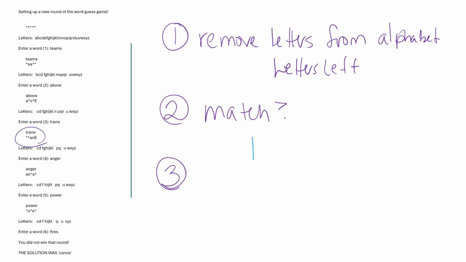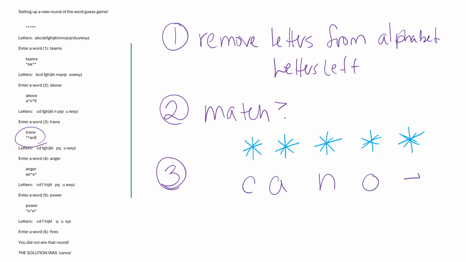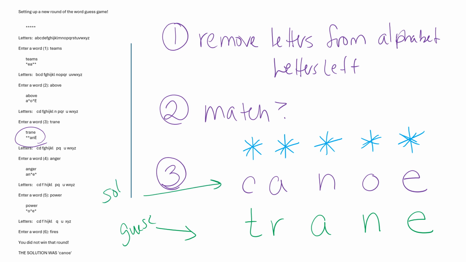We have our asterisks, 2, 3, 4, 5. We have our solution, C-A-N-O-E. And we have our guess, T-R-A-N-E. So this is the guess. This is the solution.